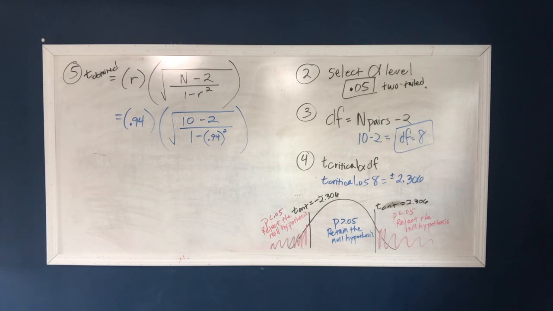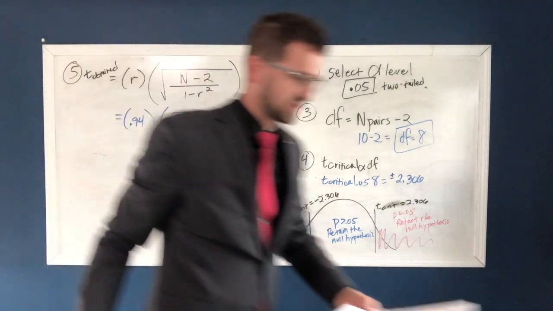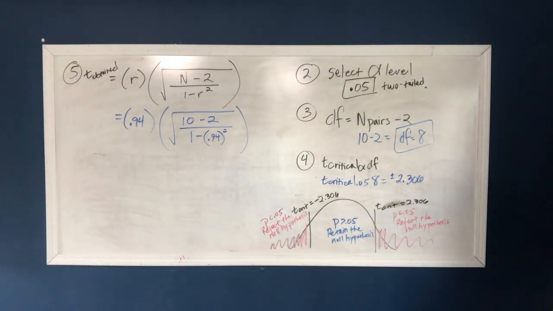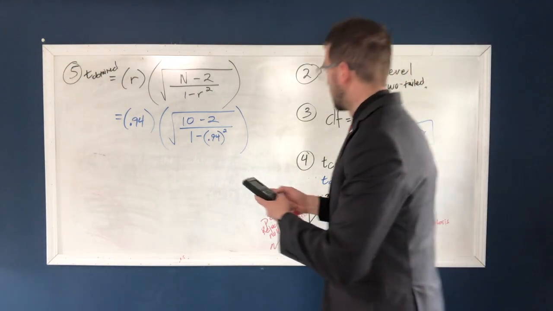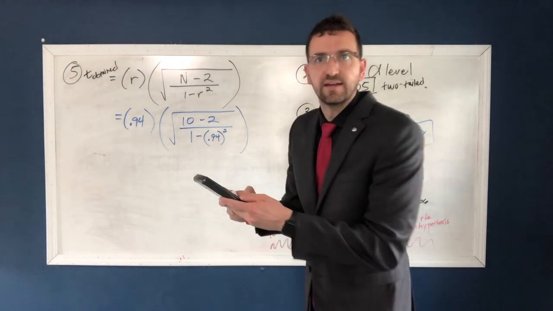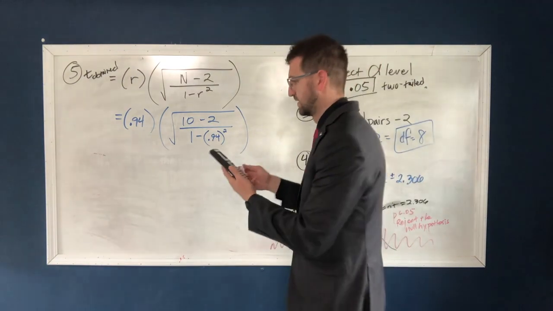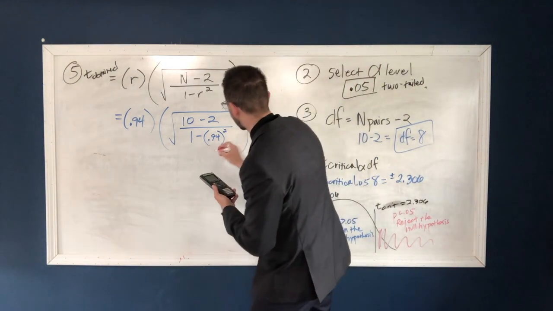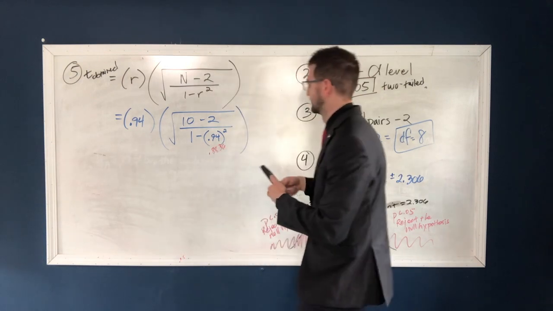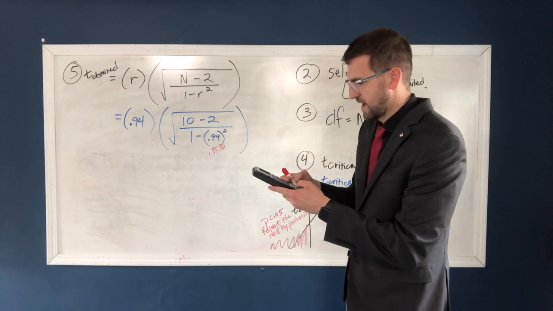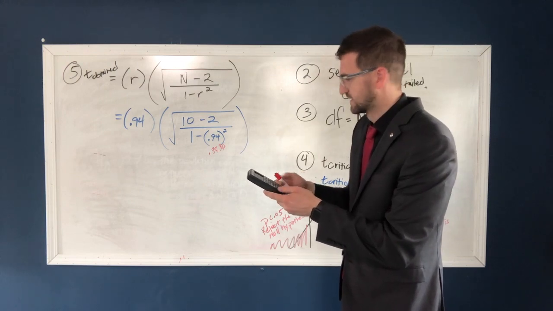I'm going to go ahead and grab my calculator, just so I can make sure everyone's doing this correctly. Okay, 0.94 squared is where we should start, and that's going to be 0.8836. So we have 1 minus 0.8836.